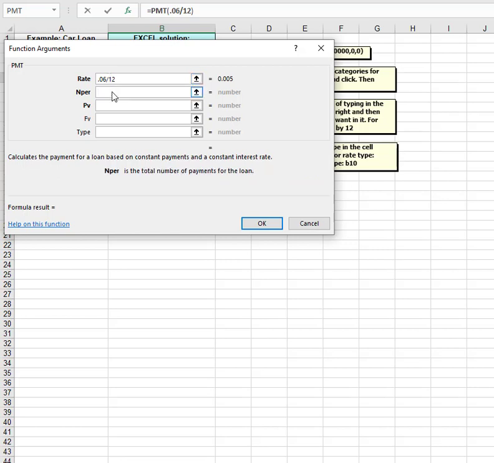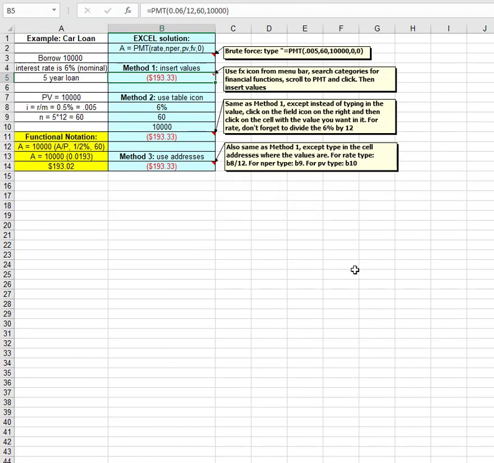Number of periods is 60. $10,000 loan. If I don't put anything in the other two fields, they default to 0, but you can see it has already calculated $193.32.